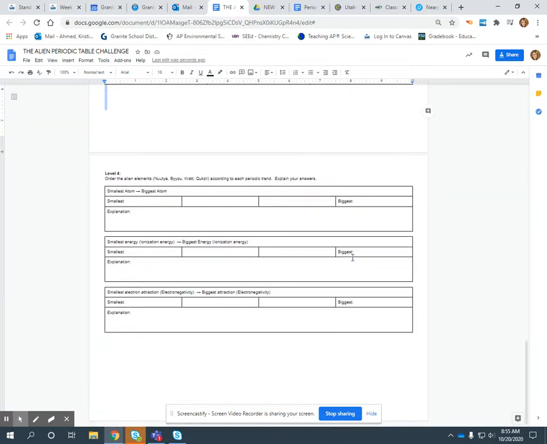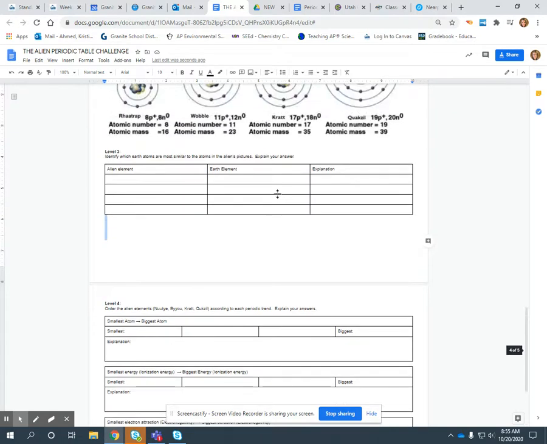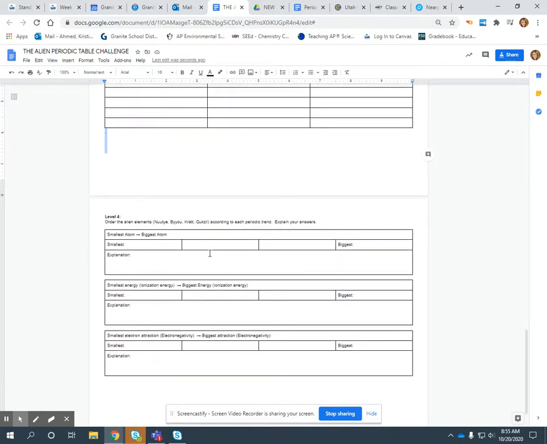The last page of the periodic table assignment is you're going to order the alien elements, again the names are given here, according to each periodic trend. So you're going to use this table to figure out what the alien elements are and how they should be ordered according to each trend.